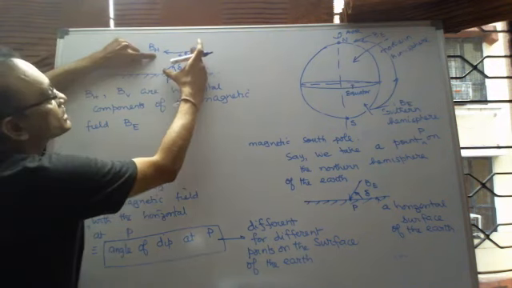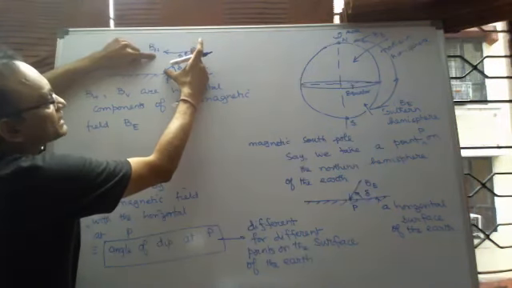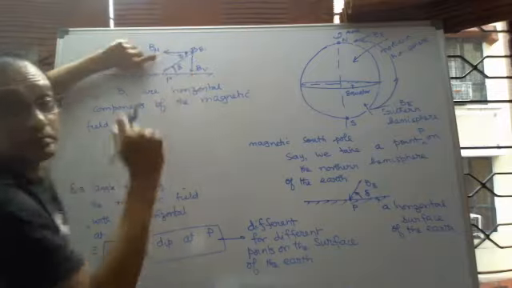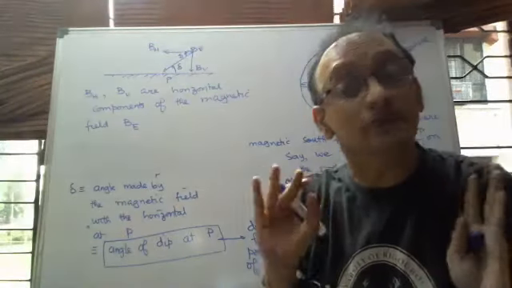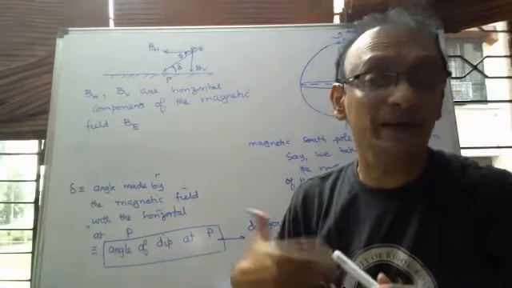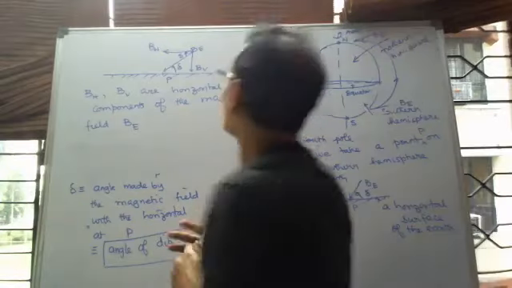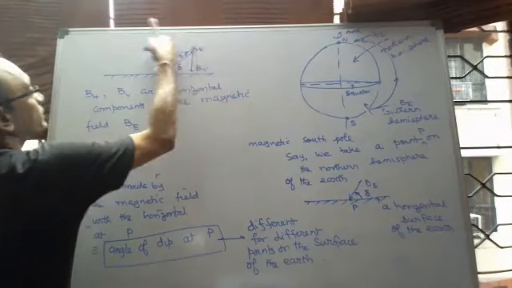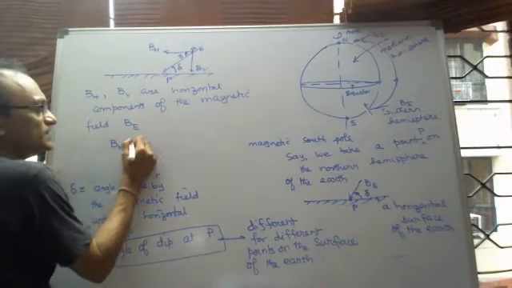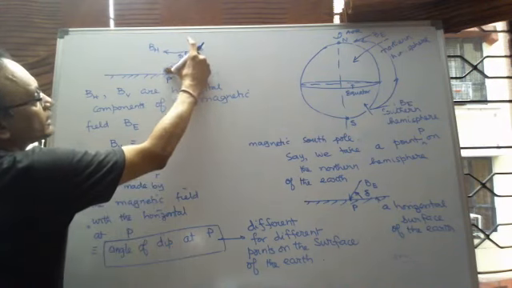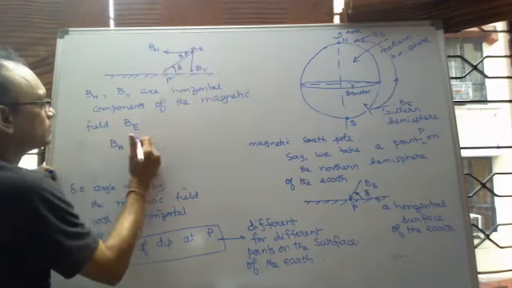Now, can you see that if BE is the magnetic field at P and delta is the dip, you can know from various graphs, dip will be given to you. The dip at every point, delta. From the dip, you can find the horizontal component. BE दिया है और dip दिया है, तो horizontal component क्या होगा? BE cos delta.